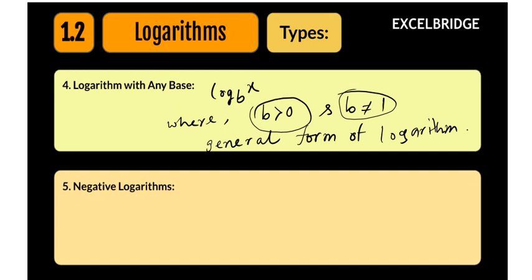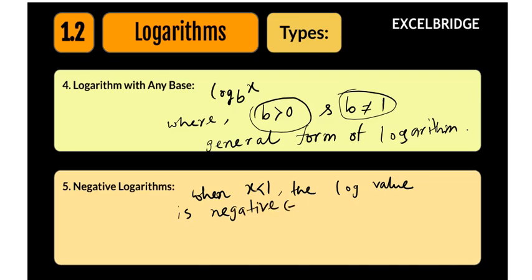Negative logarithm: when x is less than 1, the log value is negative.